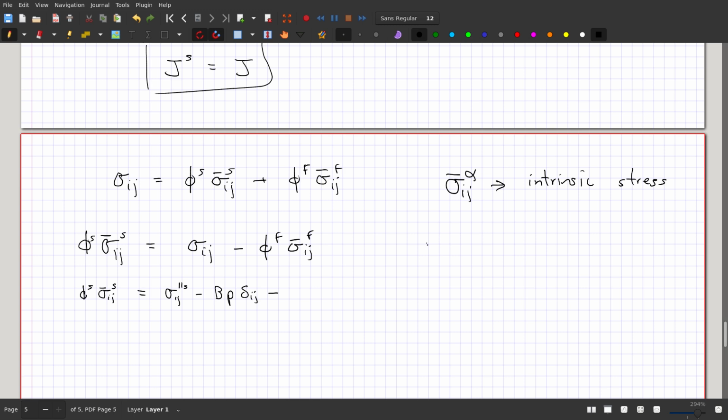Now I'm going to plug in, remember, we have the volume fraction constraint, which tells us that the volume fraction of the fluid is 1 minus the volume fraction of the solid. Right? So I'm going to plug that in there.